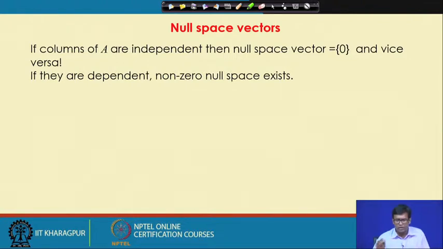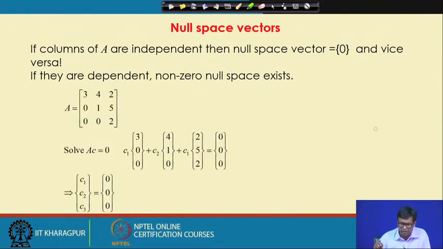So, we look into an example. A is [3 0 0; 4 1 0; 1 5 2], and we try to solve AC equal to 0. If the null space solution is 0 only, then we can write C1 times the first column plus C2 times the second column plus C3 times the third column is 0, and C1, C2, C3 will be 0, which is the null space solution.